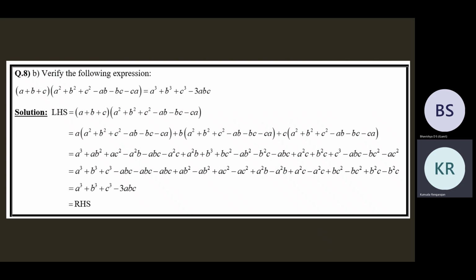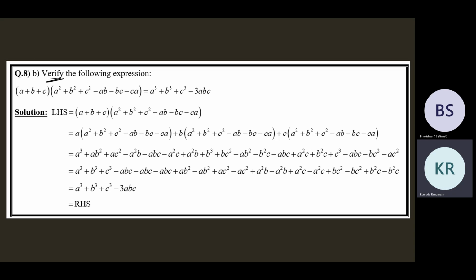See how you have to multiply. Took screenshot, ma'am. Yeah. So you can see how we have to multiply.